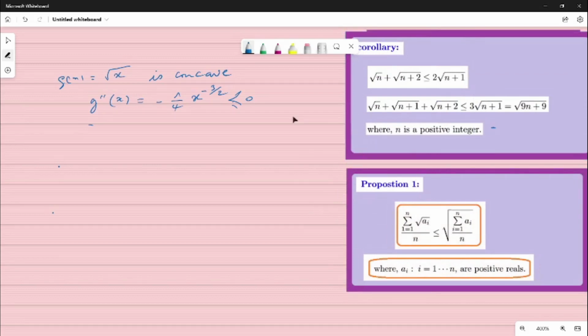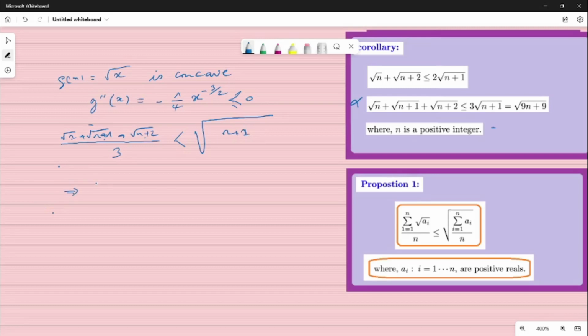And if we apply this result to our problem, we'll get this inequality, because we have square root of n plus square root of n plus 1 plus square root of n plus 2, divided by 3, is less than the square root of the mean of these numbers under the radical, and the mean of the numbers under the radical is n plus 1.